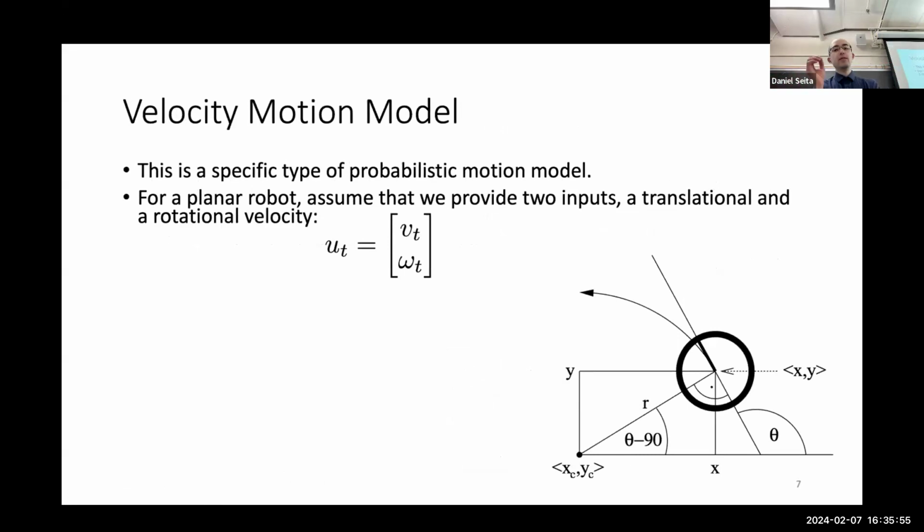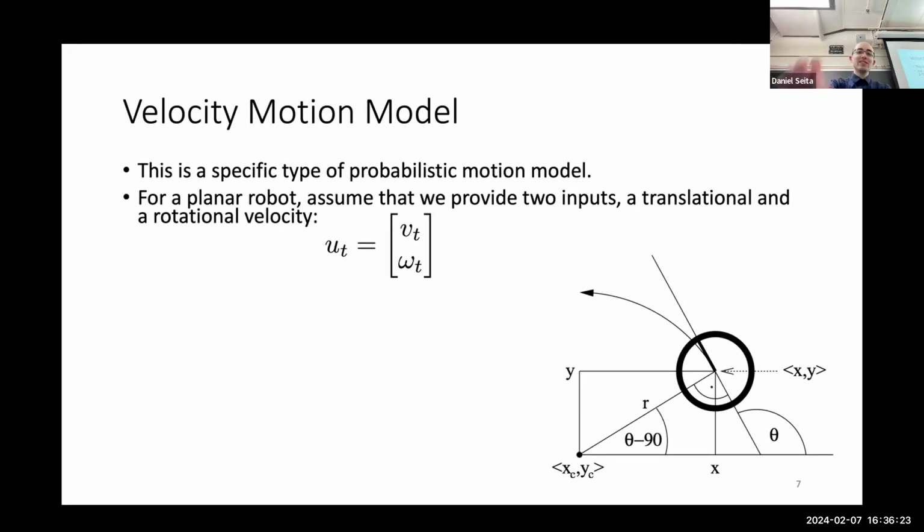So what we're going to cover is what's called the velocity motion model. This is a specific type of motion model that applies to robots that are operating in 2D, that are moving around, and where we assume that we provide two inputs, a translational and a rotational velocity. If you have a different type of robot, then you'll need a different motion model.